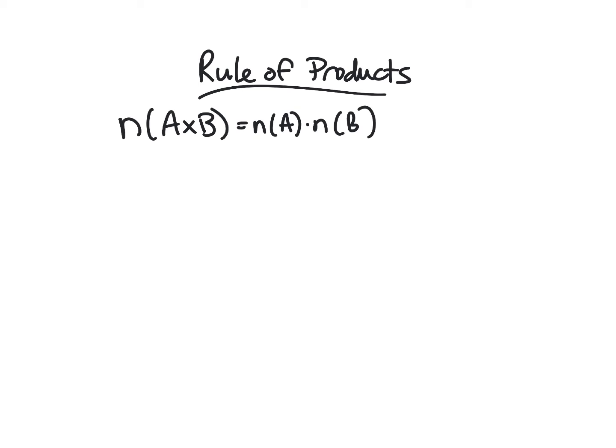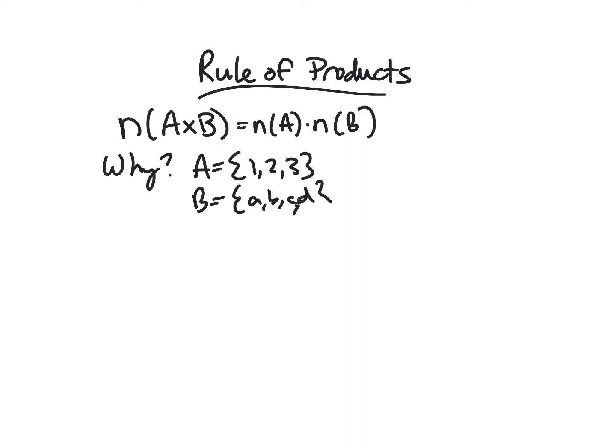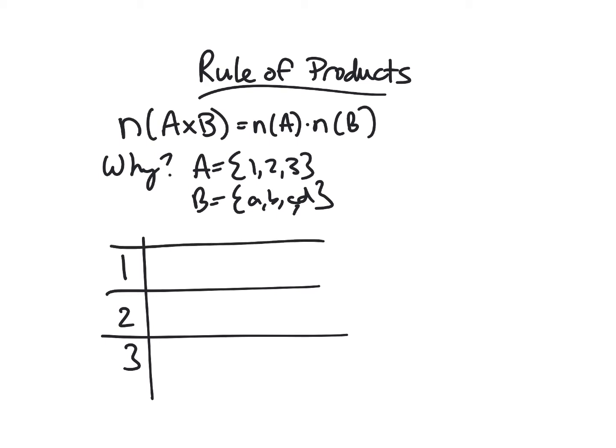To think about why this is true, let's take an example. Let A be the set with the numbers 1, 2, and 3, and B the set A, B, C, D. Then we can make a table to see all possible pairs. Let the elements of A be the rows, and the elements of B be the columns.